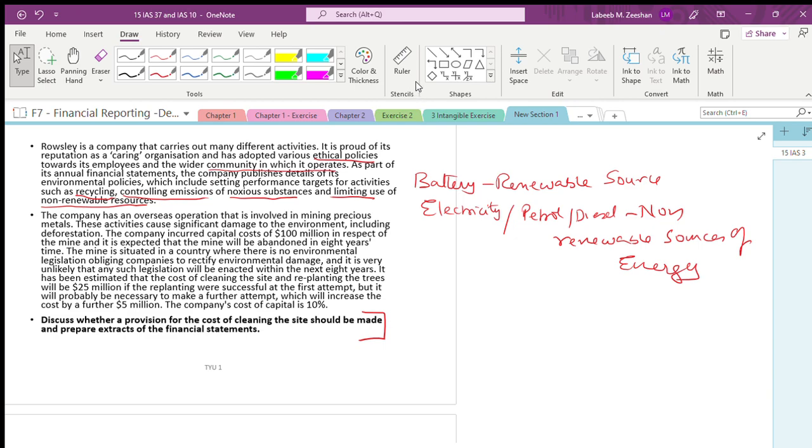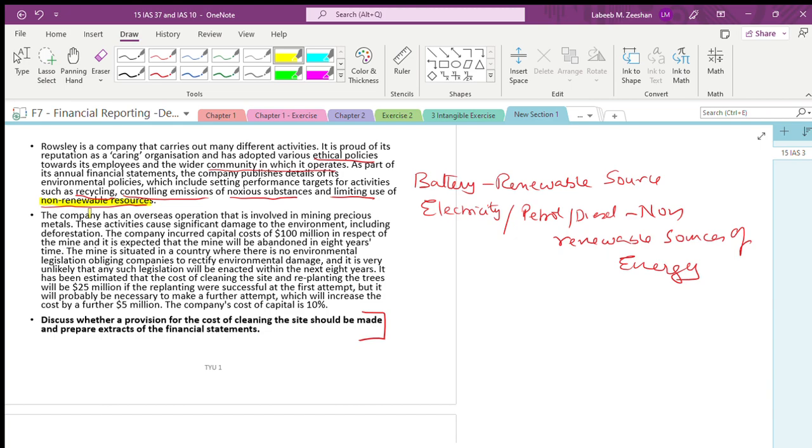Isn't it? See in the exam, instantly you will come across this in the paragraph. Then we don't have a dictionary. We cannot access a dictionary. Then you say, what are non-renewable sources? Not renewable. Once it is used, it is used. Power, you use it, it will not come back. Electricity, petrol, you use it, it will not come back.